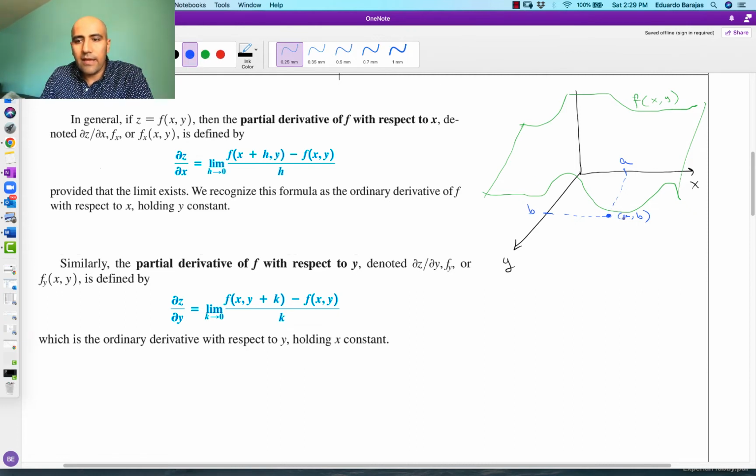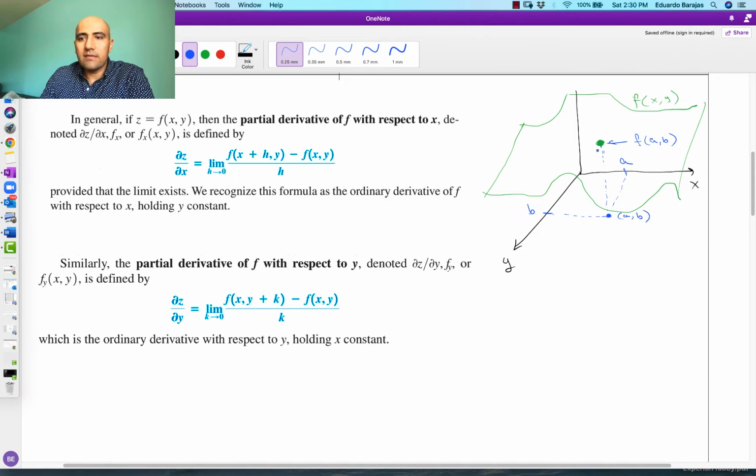Once we plug in a and b into our function, it travels up until it slams into that floating carpet above, which is the output function. So let's say that it hits right there. There's some green dot on that green carpet that represents the point f of a comma b.